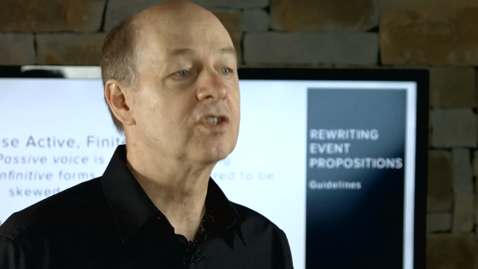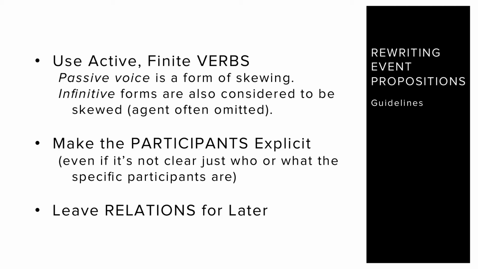And that is skewing. So we will use active verbs. Also, we use finite verbs, which simply means we don't use infinitives. Infinitives in English are like to be, to want, to come, to go, to eat. The reason that we don't is that often with infinitives, the agent or the one doing the action is left implied, so we just won't use infinitive forms either.